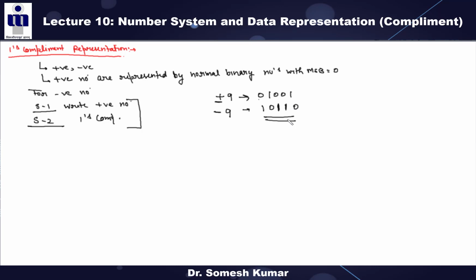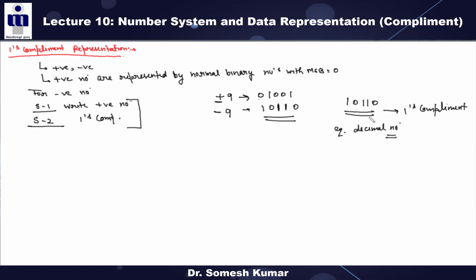If it is asked in the exam that this is a binary number represented in 1s complement form, 10110, find out the equivalent decimal number of this. How to find it?